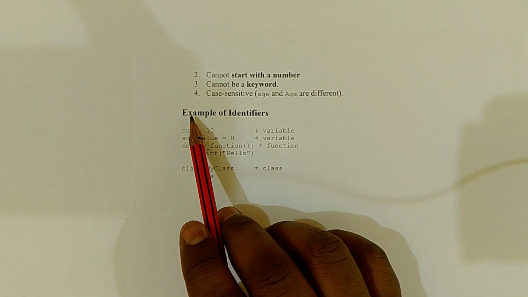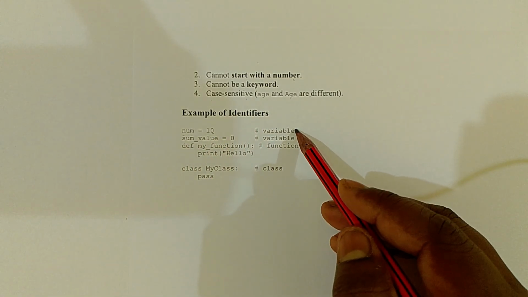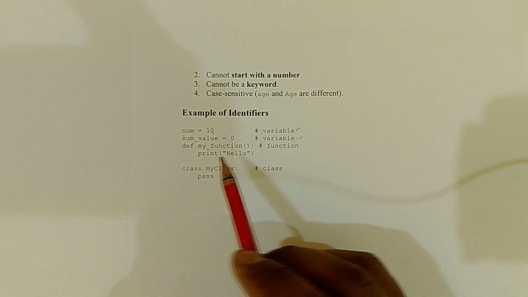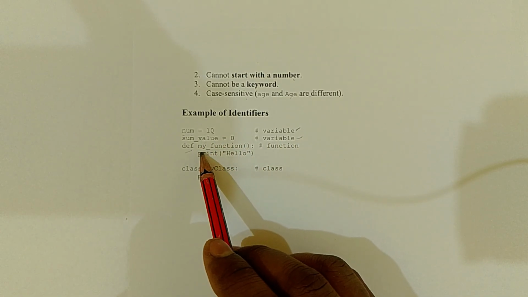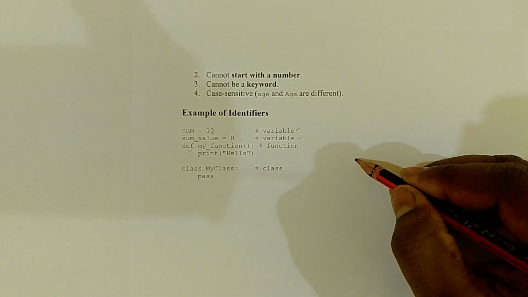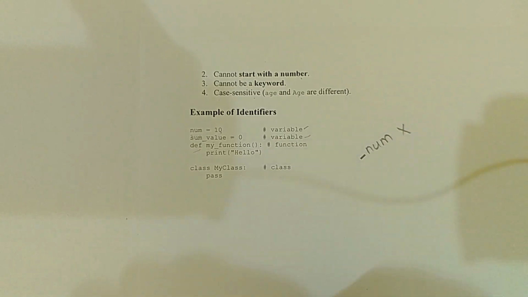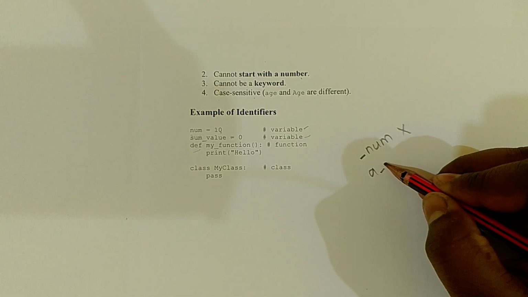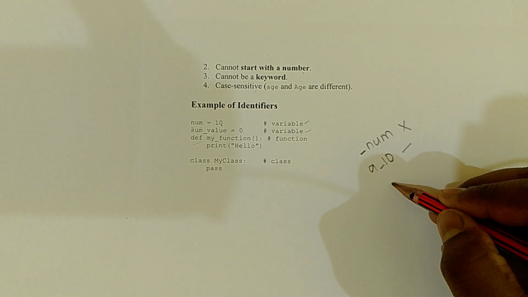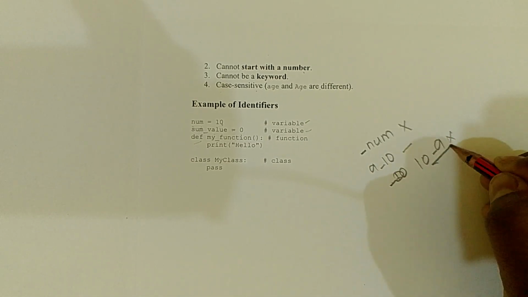Example of identifiers: num is equal to 10, that is okay; some underscore value is equal to 0, a variable; def my function. If you make this underscore num, this is valid, but if you take this, it is not valid.